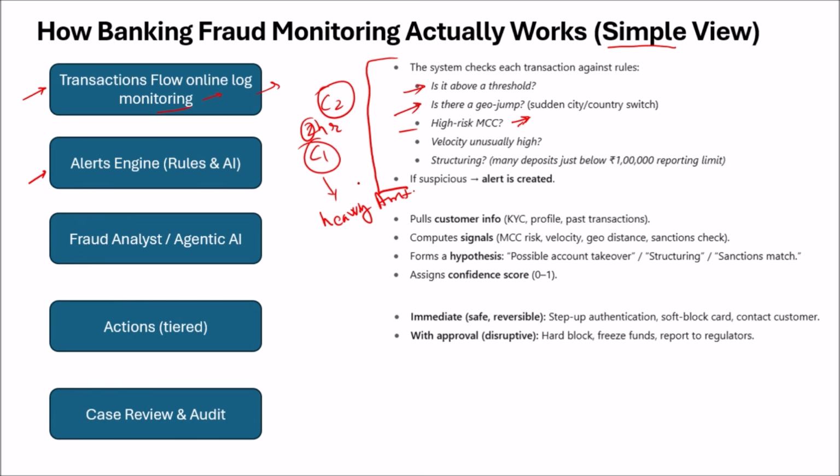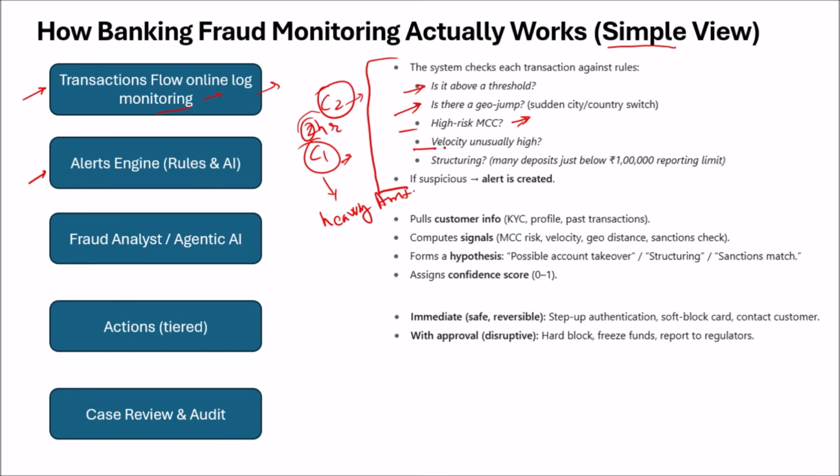So suppose you withdraw some money in city C1 and after 2 hours you withdraw money in city C2, which are actually 2000 kilometers apart. This kind of transaction will look like fraud and will alert the banking system.